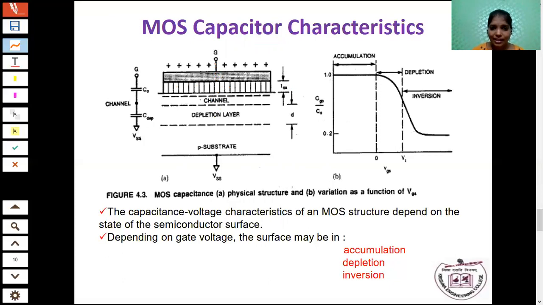These two plates are separated by a dielectric material. Similarly, gate to source, gate to drain, source to body and drain to body also form capacitances. Totally 5 capacitances are formed. TOX is nothing but the thickness of the silicon dioxide layer.